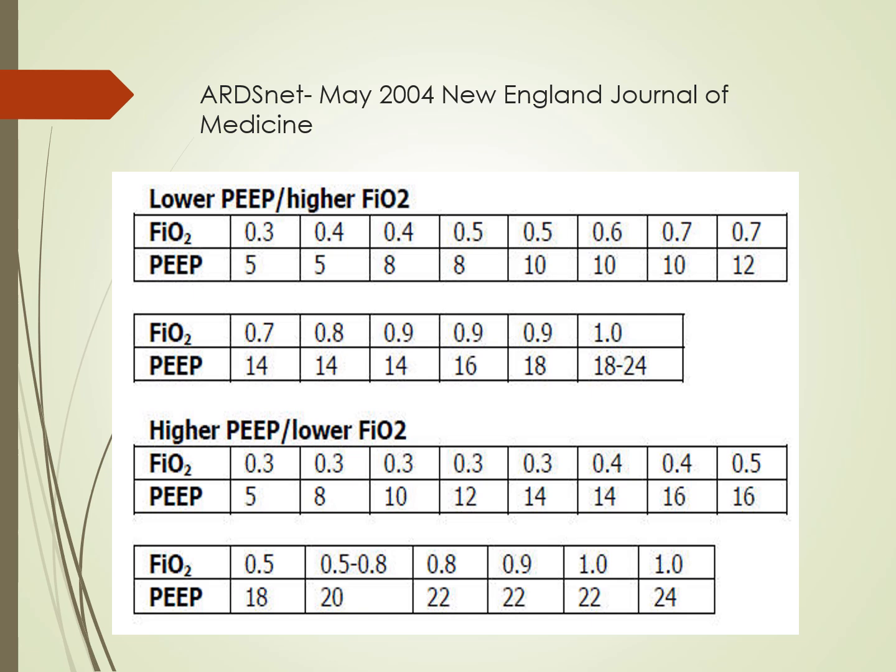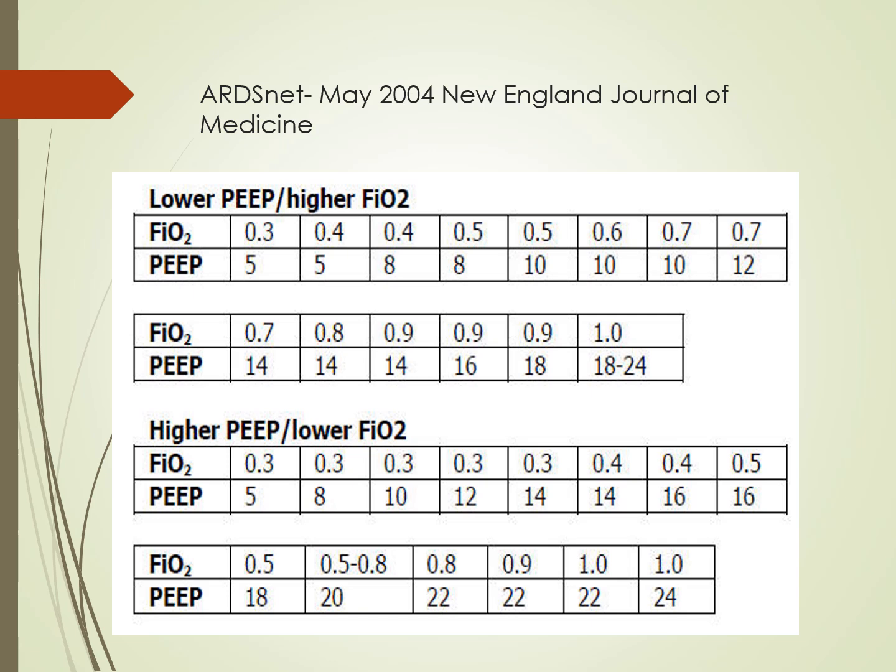They randomized two different groups. One group received a tidal volume of 10 to 12 cc's per kilogram with, I would say, normal PEEP. The second group received a tidal volume anywhere from 6 to 8 cc's per kilogram, but with a higher level of PEEP.